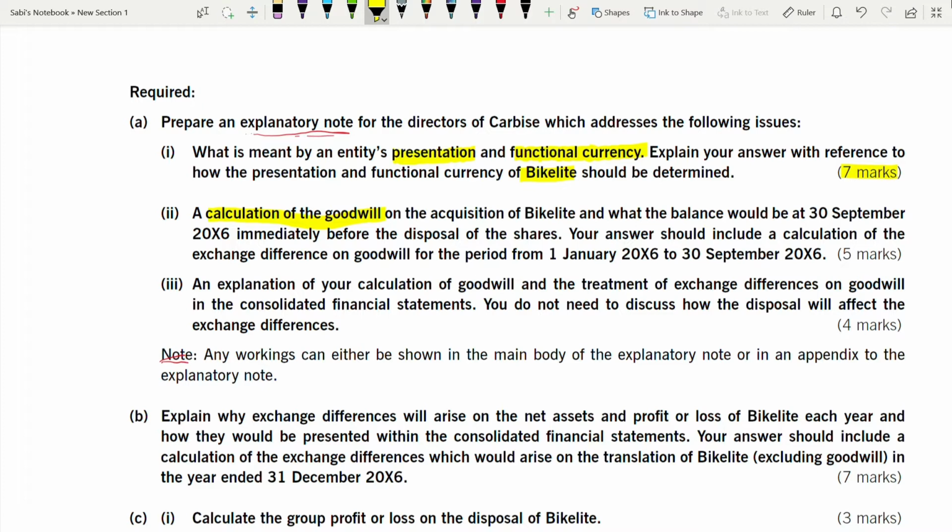Each line is very important, each word, before or after, when there are a number of events, a number of circumstances taking place. Here you are acquiring, then you are disposing. So too many things are happening. When too many events are happening, make sure at what timeline they are talking about. Here clearly they have specified immediately before the disposal of shares. So whatever is there, we have a paragraph also for disposal of shares if you have gone through that.